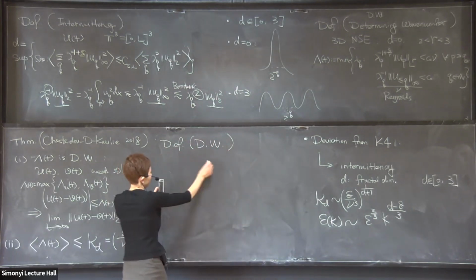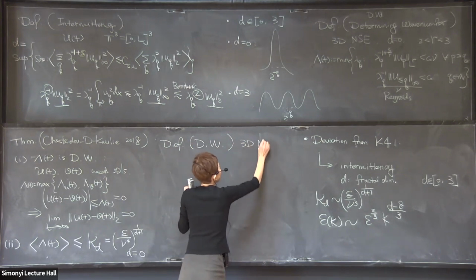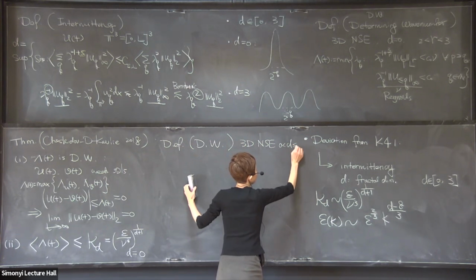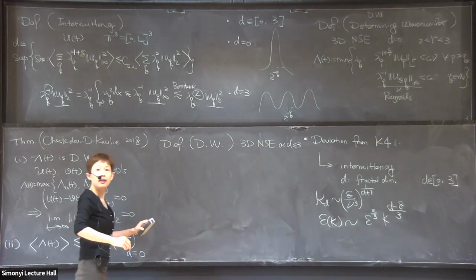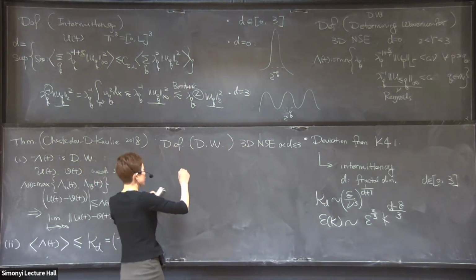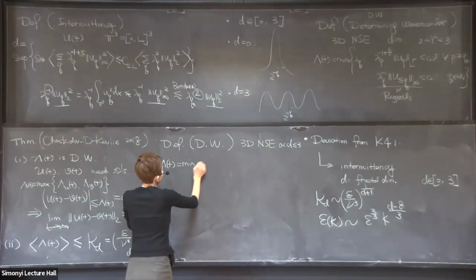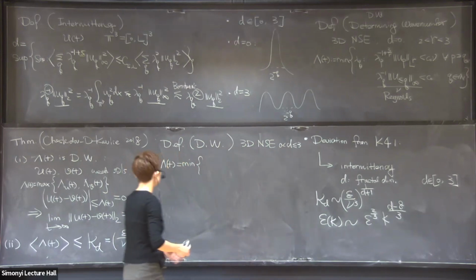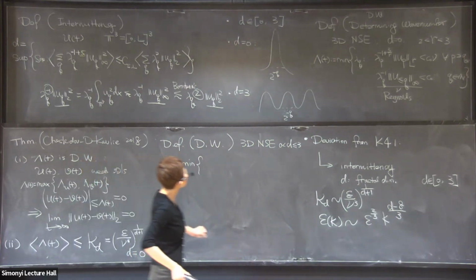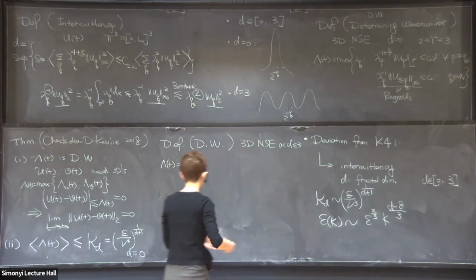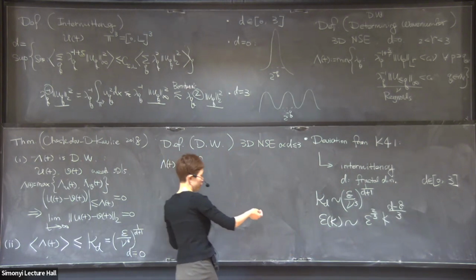Against the determining wave number, and in the case where D is away from 0, the intermittency dimension. Here we are going to use, so earlier we used the R norm, and R is rather small. So here we're going to use the L-infinity norm.